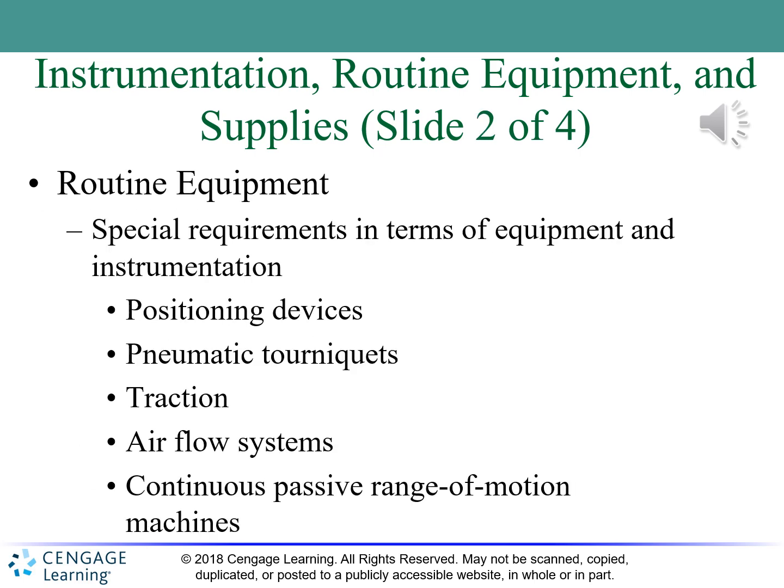All right, the routine equipment on page 912. Let's see, under the positioning devices, fourth paragraph, the lateral position is frequently used for operations on the hip and shoulder. Okay. And then next paragraph, the prone position is used for procedures on the back, posterior portion of the shoulder, and Achilles tendon.